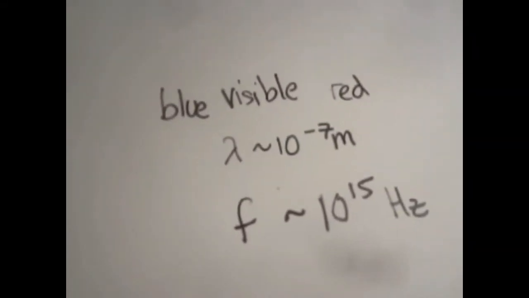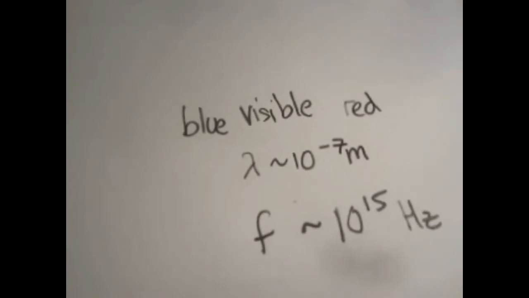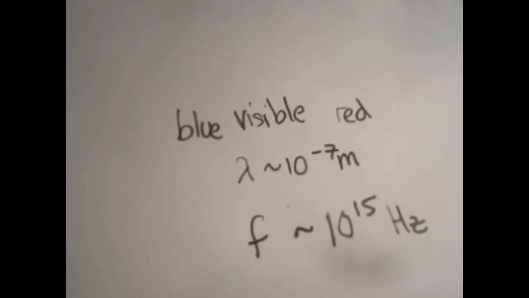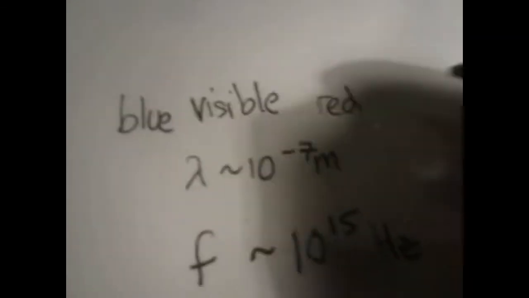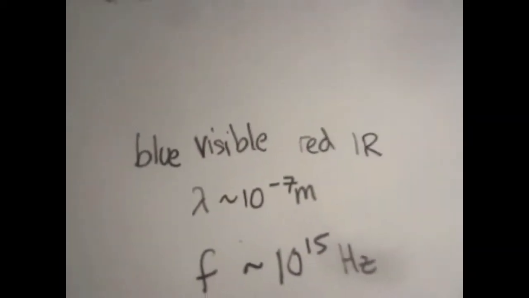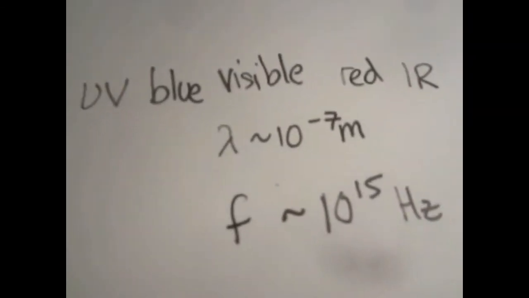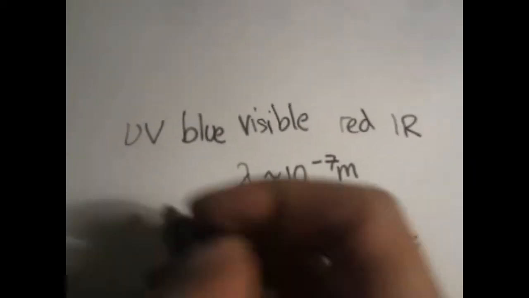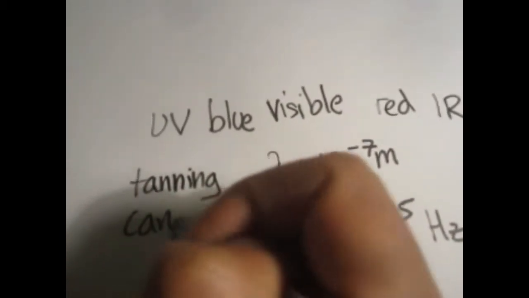Then I try to remember what's on either side of red and blue. They're going to be colours that we can't see. Colours which are similar to red and blue. Well, red is similar to infrared, and blue is similar to ultraviolet. Now, here's where I remember ultraviolet causes tanning, but it also causes cancer.